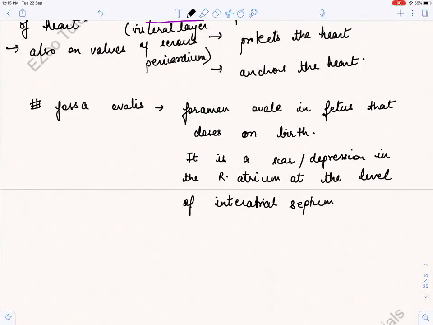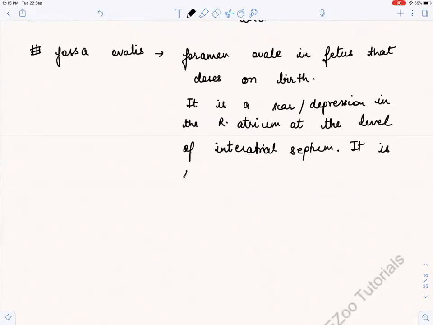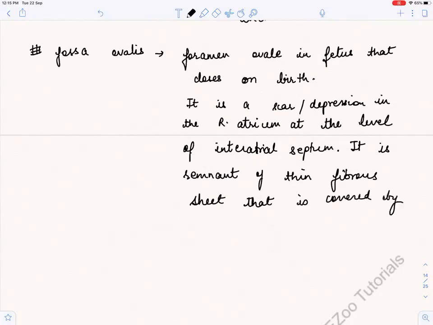And it is a remnant of, I'm just writing so that you can also make notes, whenever you're seeing the video, a thin fibrous sheet that is covered by foramen ovale in the fetus, and it closes when we are born, right?